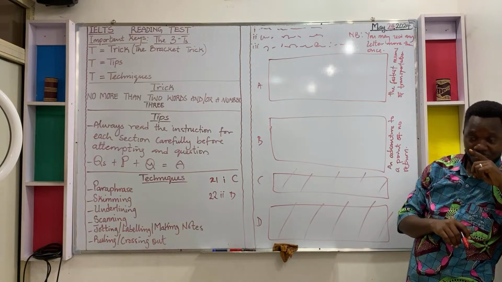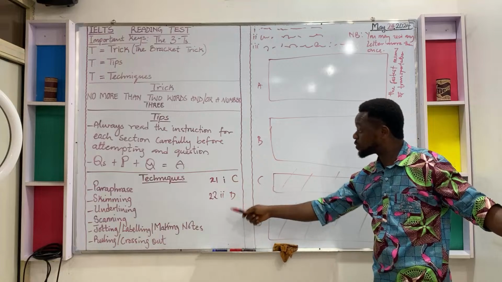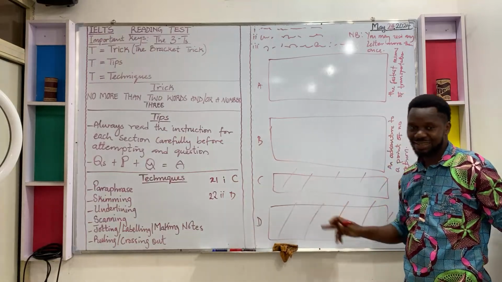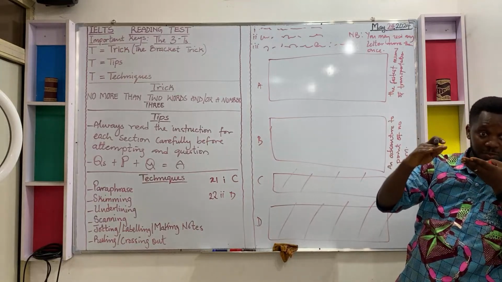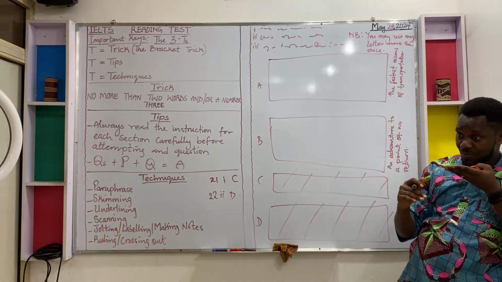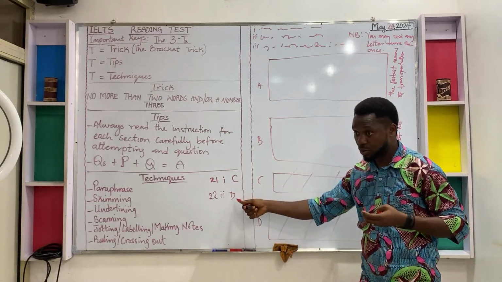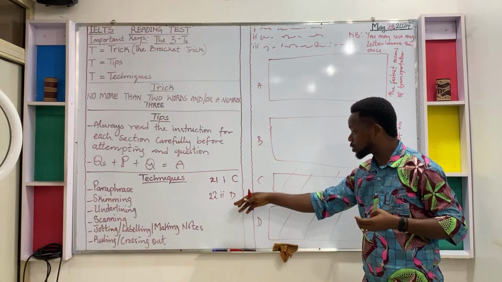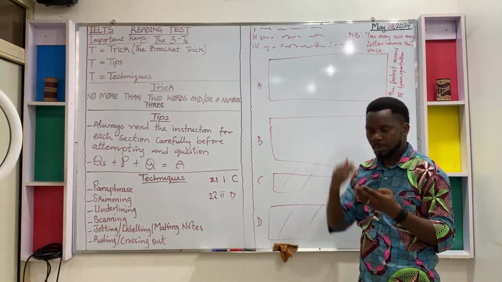Do you understand this? So your answer to number 21 may be C. Answer to number 24 may still be C. But it doesn't follow each other immediately. Do you understand? If 21 gives you an answer, 22 will not necessarily come from C. You'll find maybe 22 in another paragraph, 23 in another paragraph, or 23 might be C. But it doesn't follow each other.